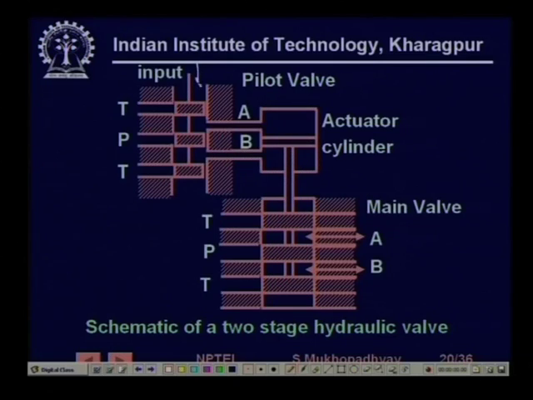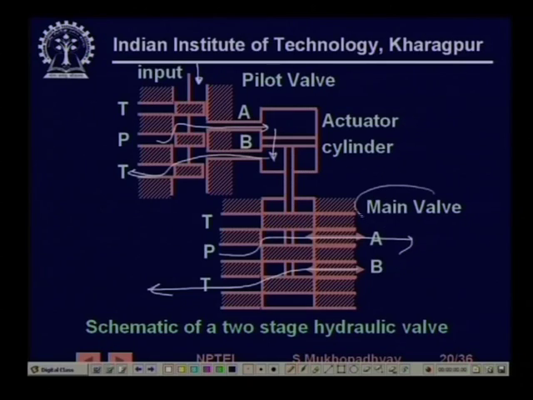So, you give actually your control input here. So, accordingly, if you move it, if you push it this way, then this port will open and this port will open. So, the cylinder will move down. When it moves down, then what is going to happen is that this will get connected to this and this will get connected to this.